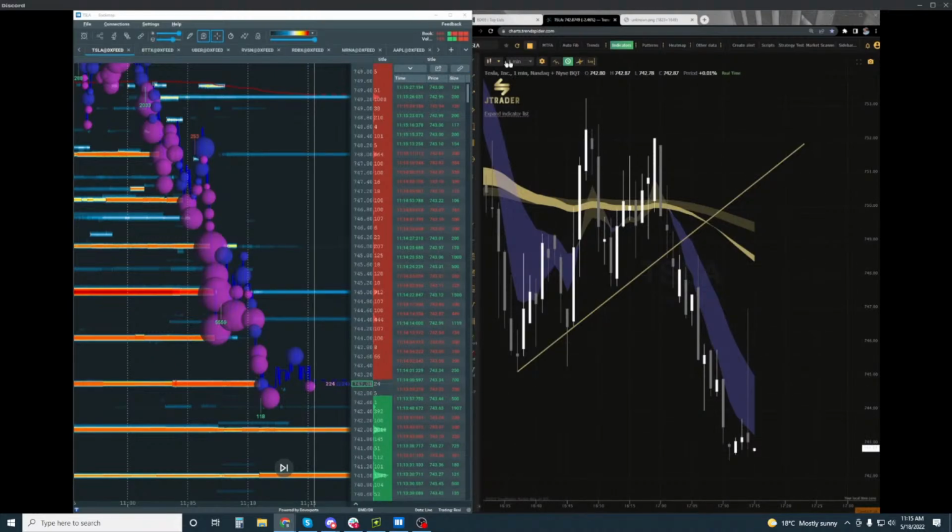Another bear flag formation. So possible continuation over here on our Tesla. What I'm looking at is this and this.